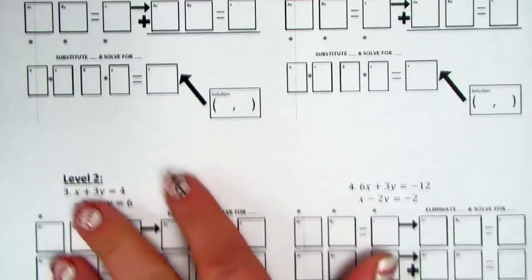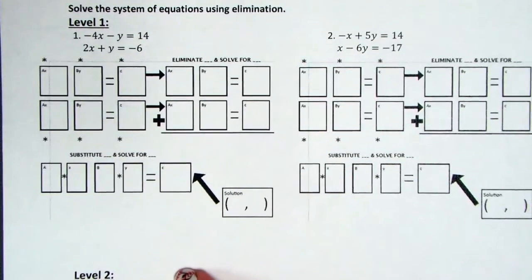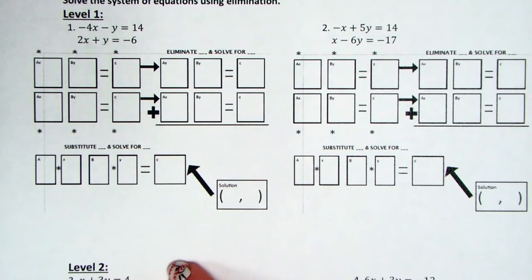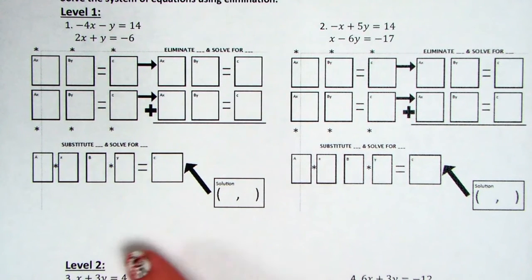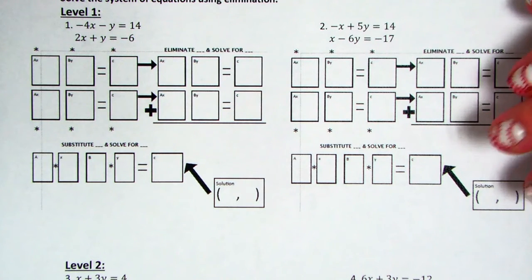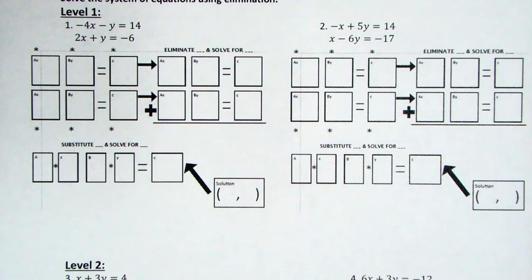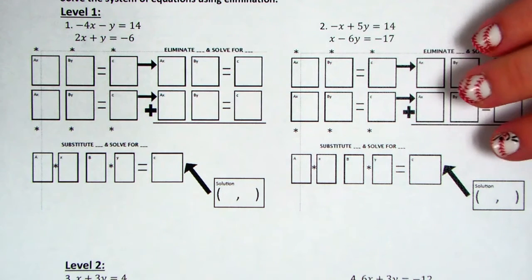Once again, I've given you guys a template to work through. I know it looks intimidating at first, but it really is just to help you line up the numbers. So our first system here is negative 4x minus y equals 14. So I'm just going to write that in here.